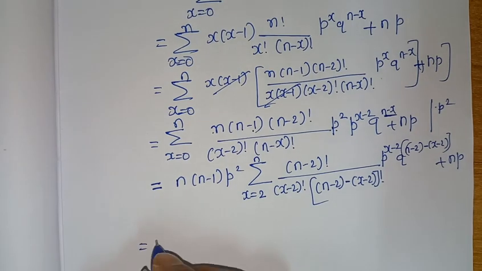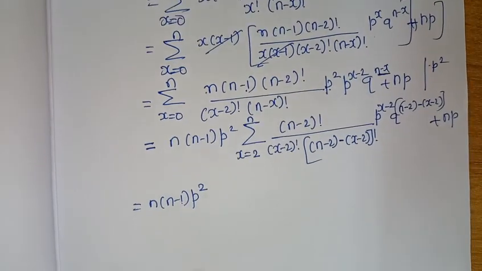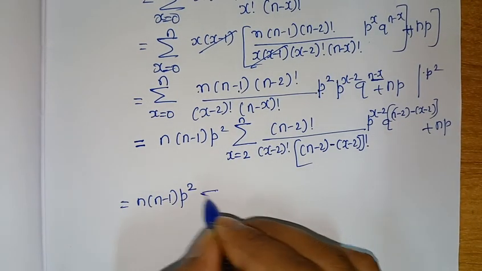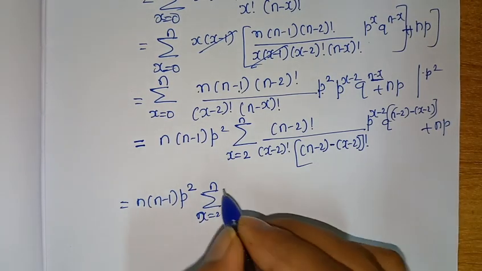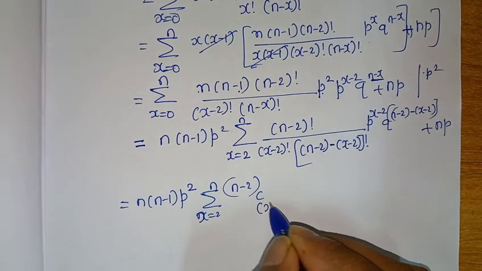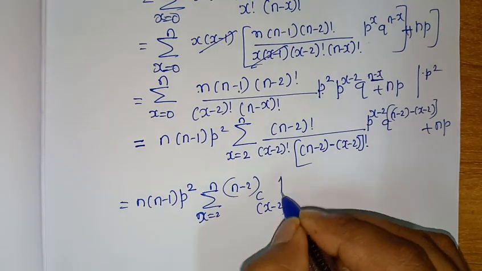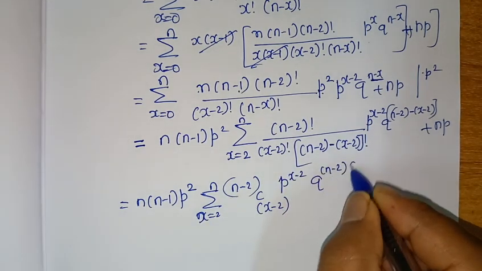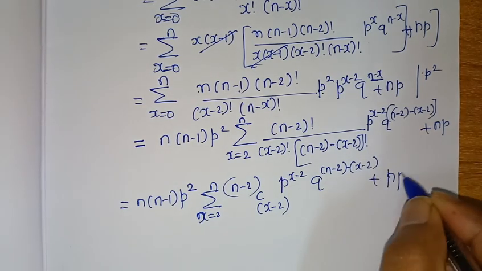So this is equal to n into n minus 1 into p square, summation x equal to 2 to n. So it is of the form n minus 2 C x minus 2, because it is the standard binomial expansion. So p power x minus 2 q power n minus 2 minus x minus 2, plus np.